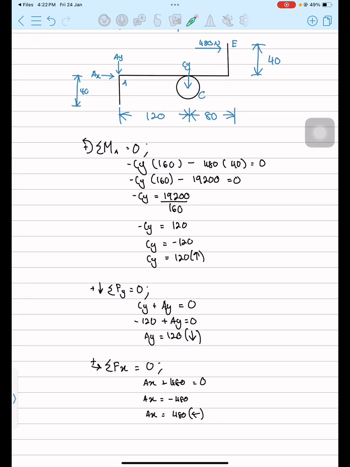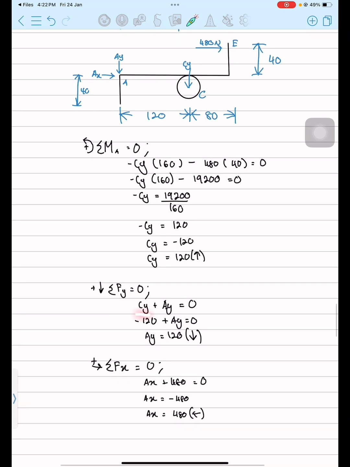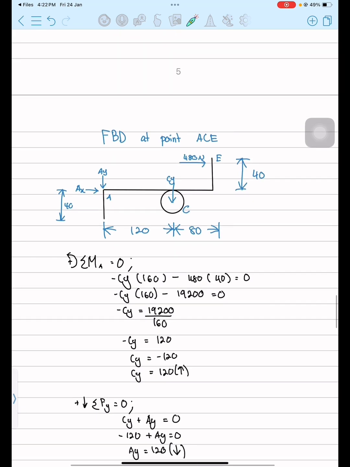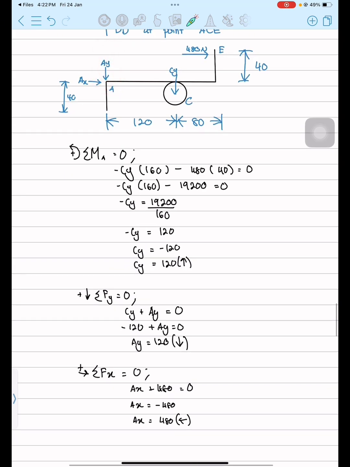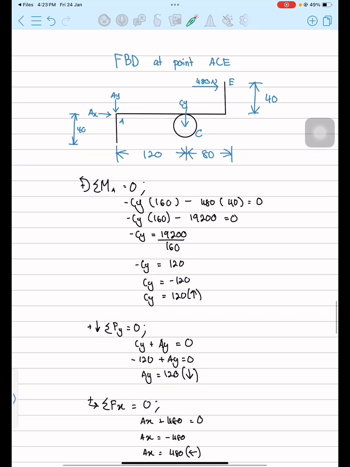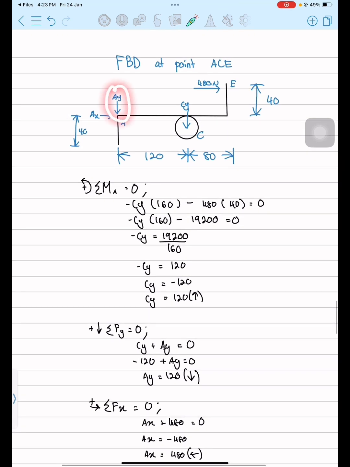From that, we go to Fy, positive upward: Cy plus Ay equal to 0. Cy we already got from here, and then Ay is from here. And then we calculate Ay is 120 forcing downward, which means the assumed direction is opposite.